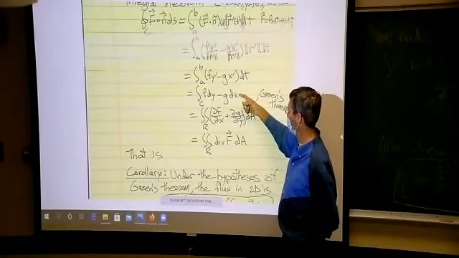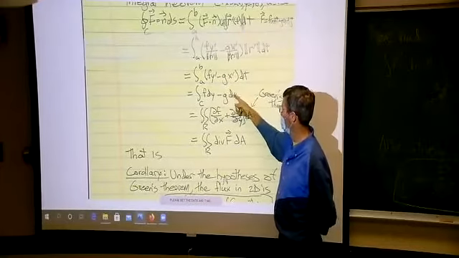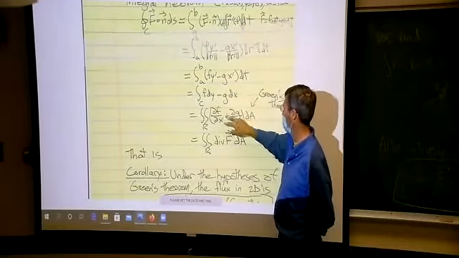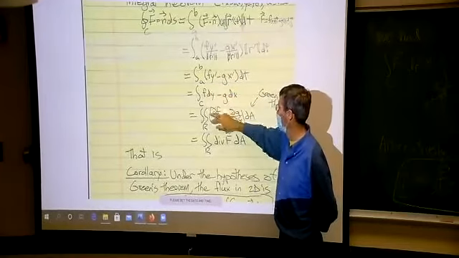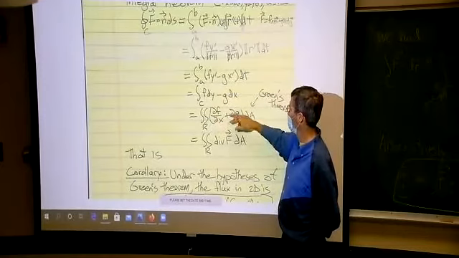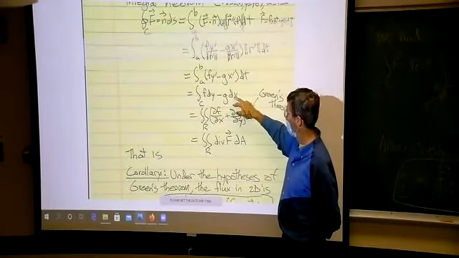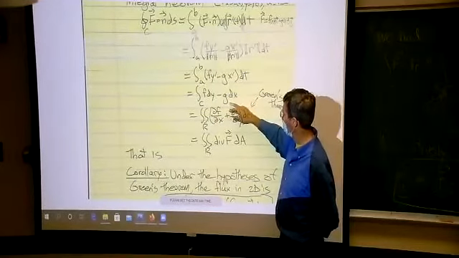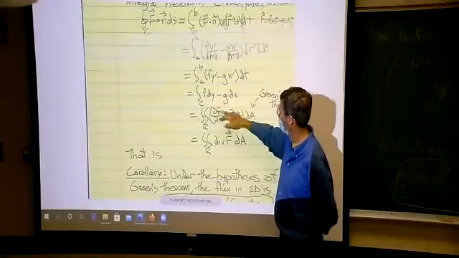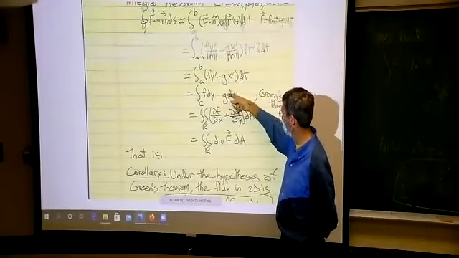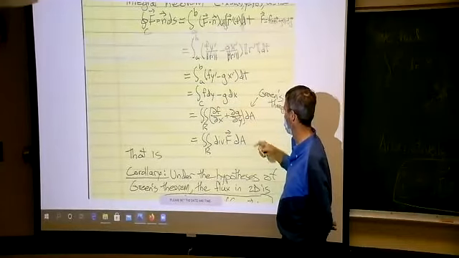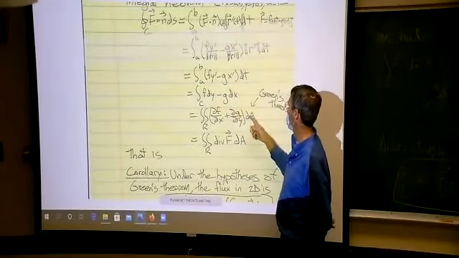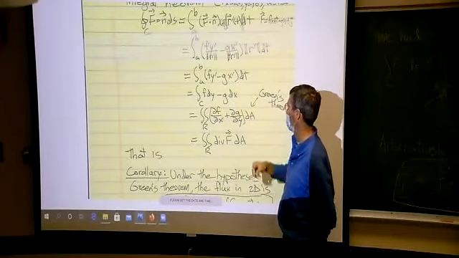Green's theorem says that the integral of minus g dx plus f dy, if I put it in the usual order, so this is the first component, this is the second component, is the derivative of the second component with respect to x minus the derivative of the first component, which is minus g, with respect to y. It's this quantity, df dx plus dg dy, dA. So Green's theorem says this for this particular line integral.